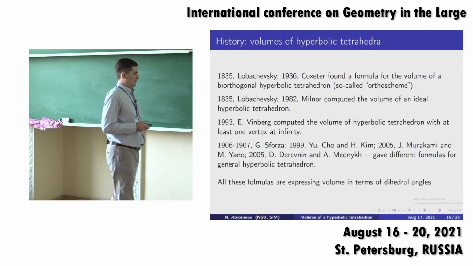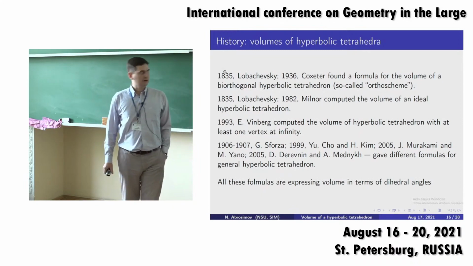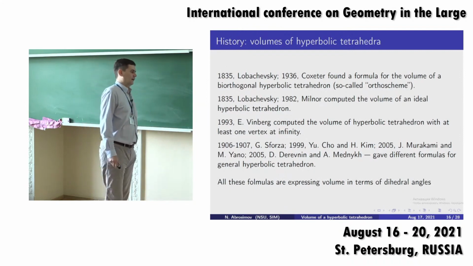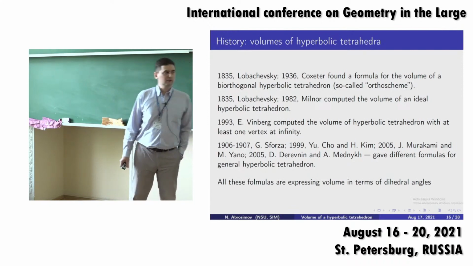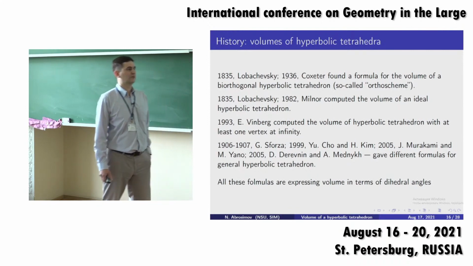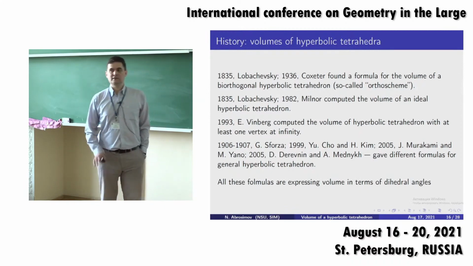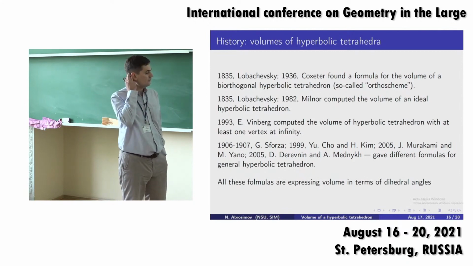Well, there is one more paper by Jun Murakami and Akira Ushijima, 2005, where they suggest an approach to calculate the volume of a hyperbolic tetrahedron in terms of edge lengths. But there is no explicit formula in this work.